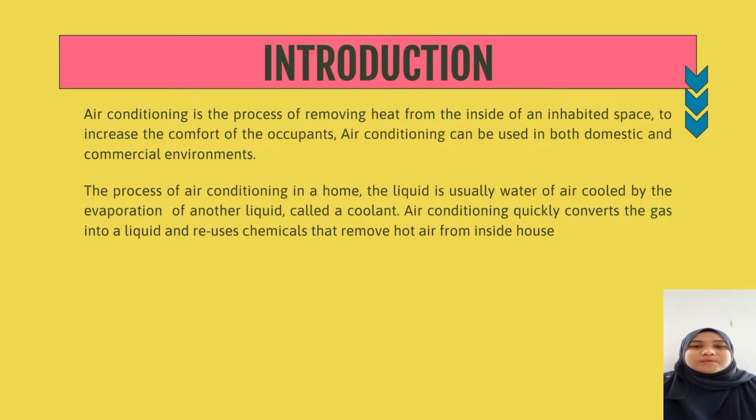In the process of air conditioning in a home, the liquid is usually water or air cooled by the evaporation of another liquid called a coolant. Air conditioning quickly converts the gas into a liquid and reuses the chemical that removes hot air from inside the house.